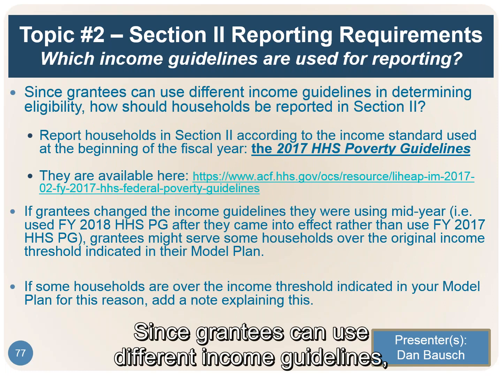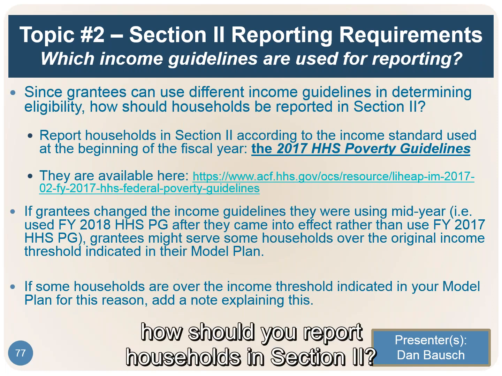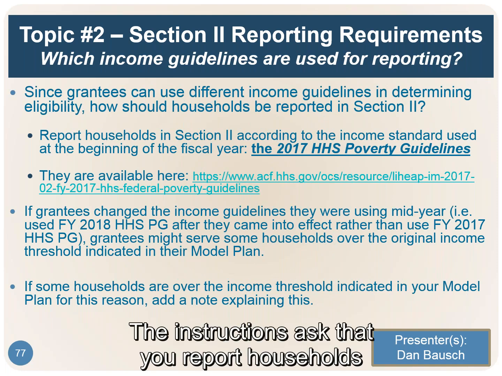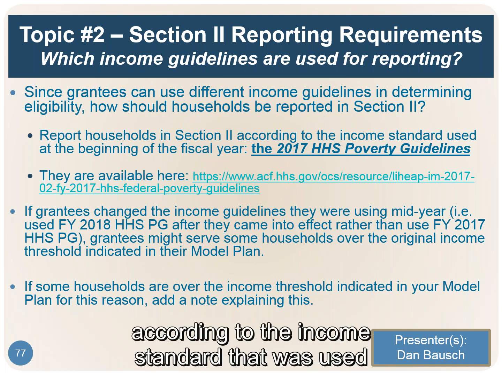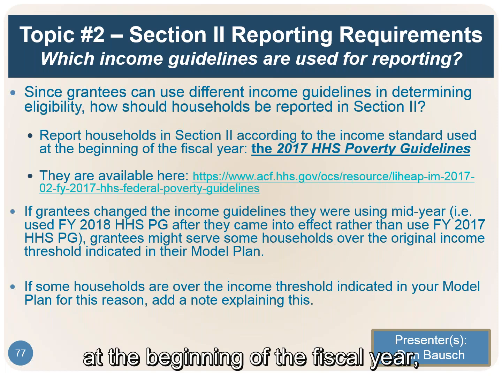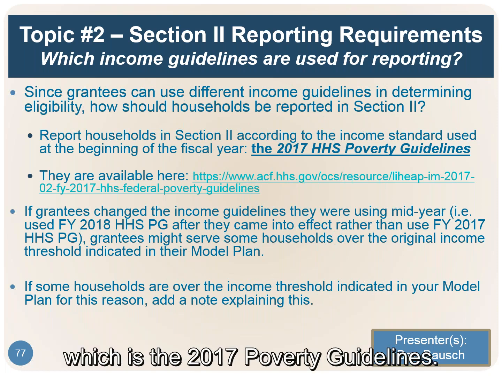So since grantees can use different income guidelines, how should you report households in Section 2? The instructions ask that you report households according to the income standard that was used at the beginning of the fiscal year, which is the 2017 poverty guidelines.